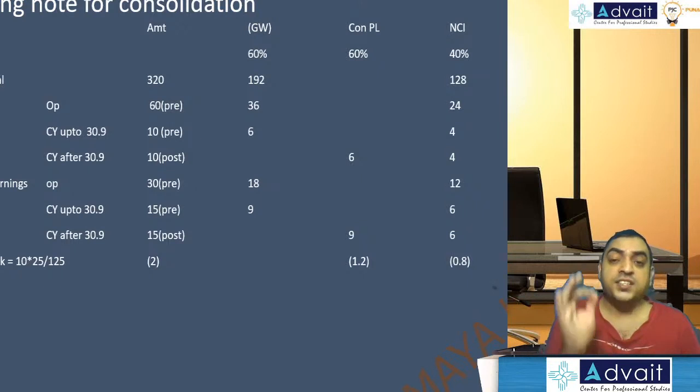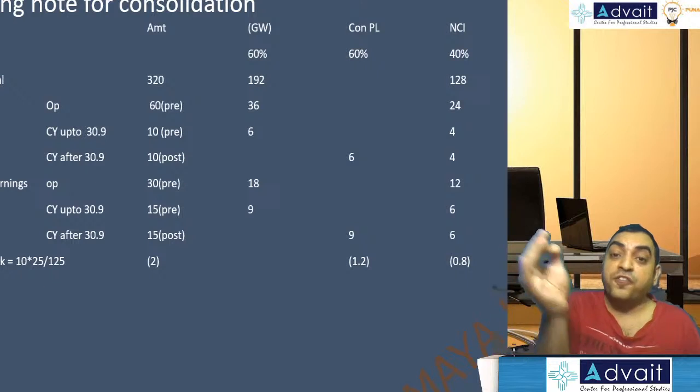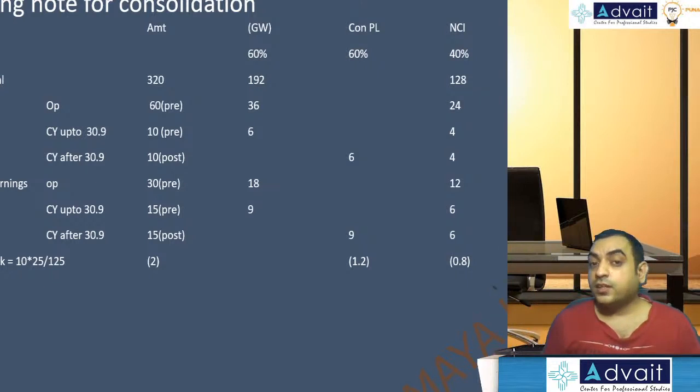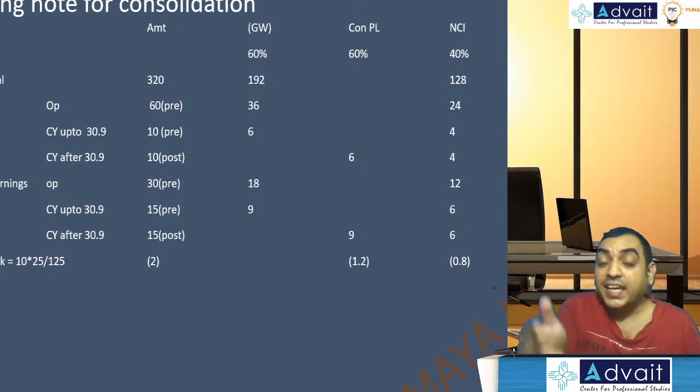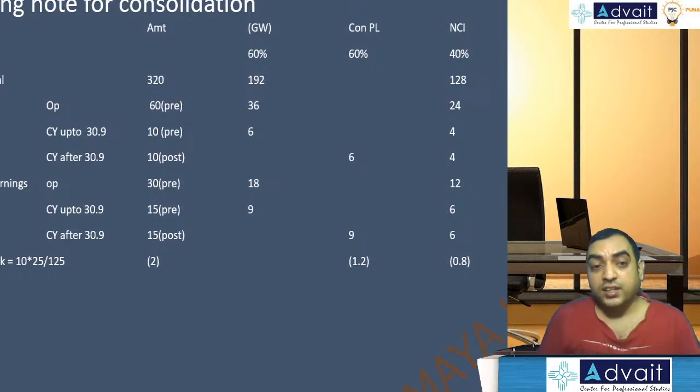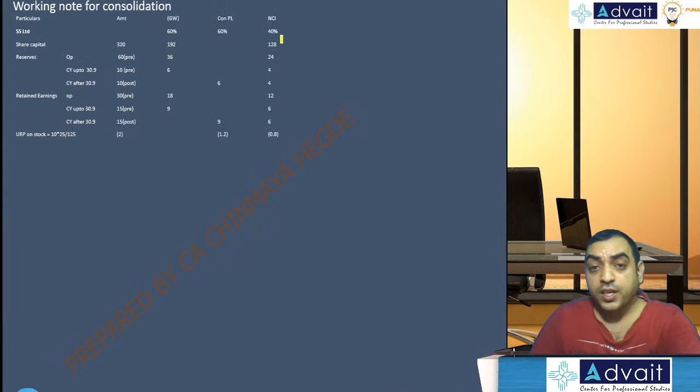Please observe, my dear friends, book value of NCI is as on date of acquisition. Can you tell me once more? Book value of NCI as on date of acquisition. So what are the things that will come as on date of acquisition?